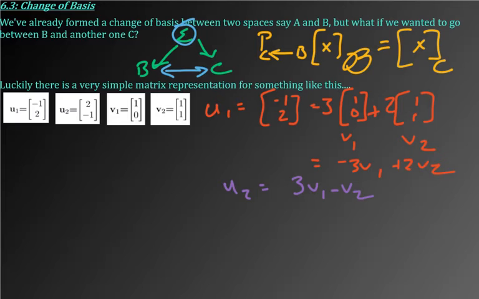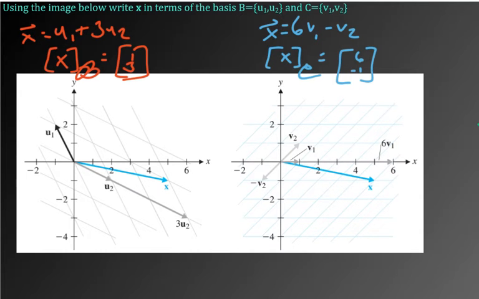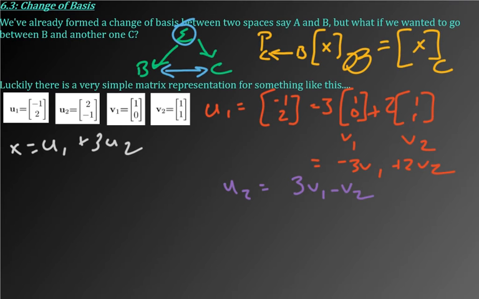You could always just go, all right, x equals, we saw that it was U1 plus 3 U2. I think that's correct, right? Yeah. So in terms of U, x was U1 plus 3 U2. But now I have a representation of U1 and U2 in terms of V's, right? So what I can basically do is literally substitute.